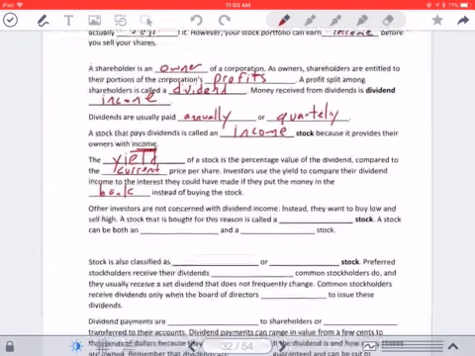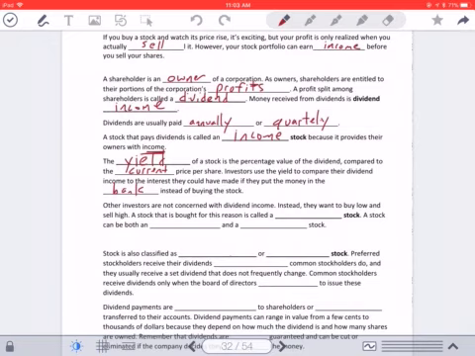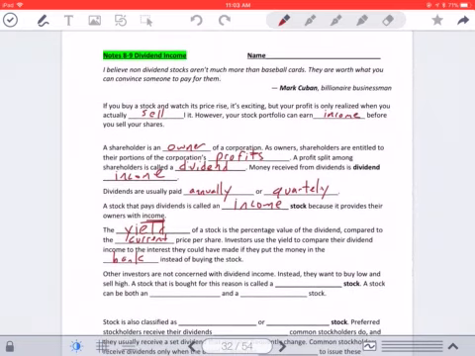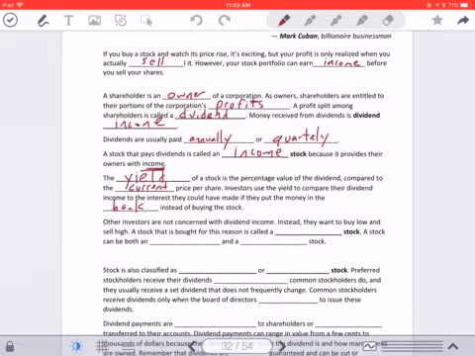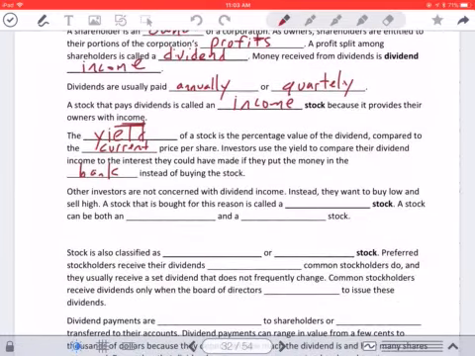So maybe a stock routinely pays 1%, and maybe a savings account only pays 0.25%. In that case, you might want to go with a dividend stock, and you also get the extra bonus: if it goes up, you can sell it.